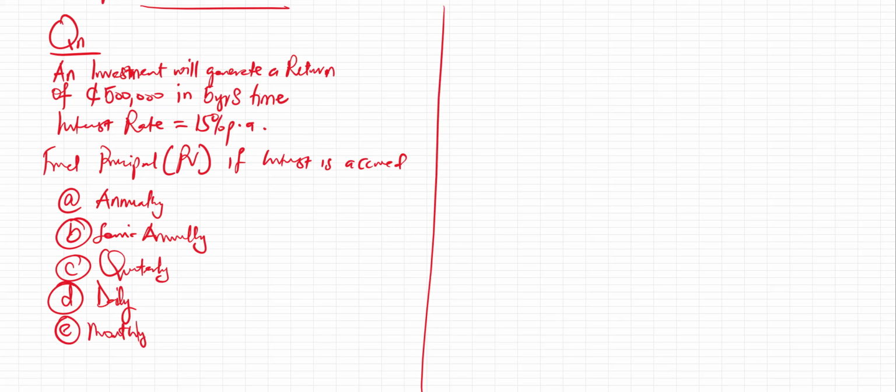So let's see what is happening. Now they are telling you that the future value is 500,000. The rate they gave us is 15% per annum, and this 15%, we are only doing it once.